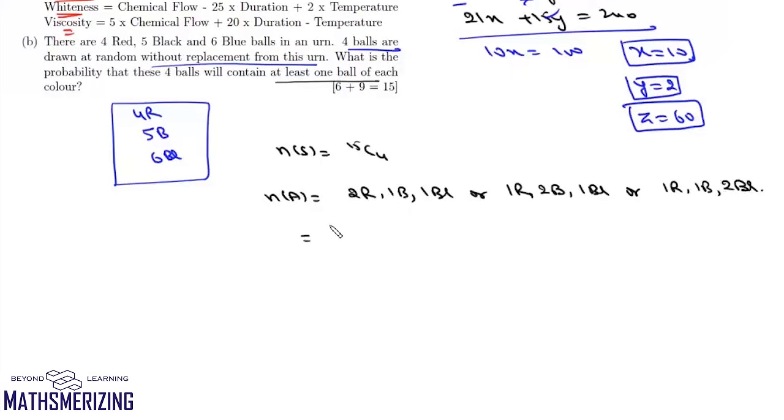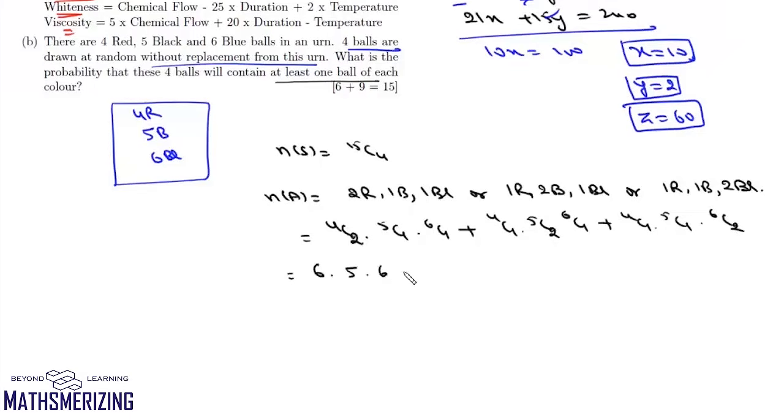Now 2 red will be simply 4C2, 1 black 5C1 and 1 blue 6C1, plus 4C1, 5C2, 6C1, plus 4C1 into 5C1 into 6C2. Now 4C2 is 6, 5C1 is 5 and 6C1 is 6.